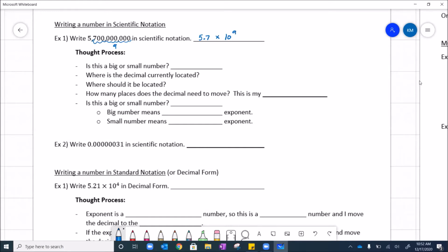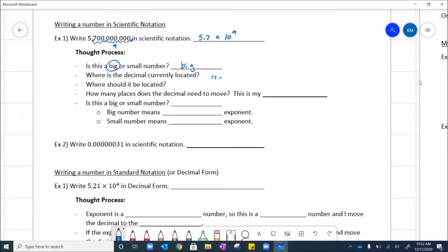Here's our thought process as we go through. We should say, is this a big or small number? This is a big number. Where's the decimal currently located? Our decimal is located at the end here. Every number has a decimal. Even if we had just a number like 17 where we kind of ignore it, our decimal's here.